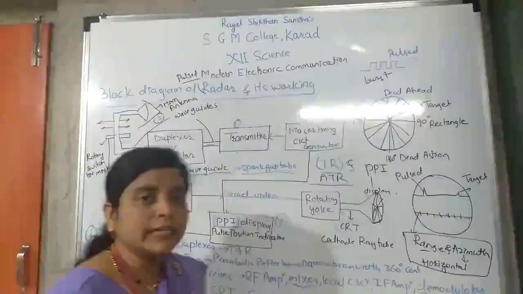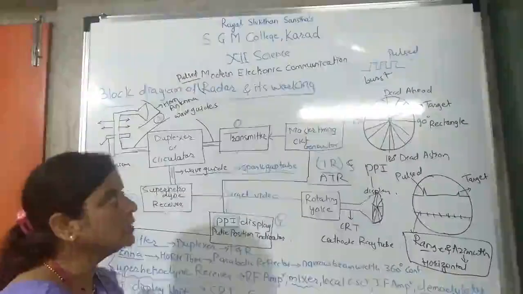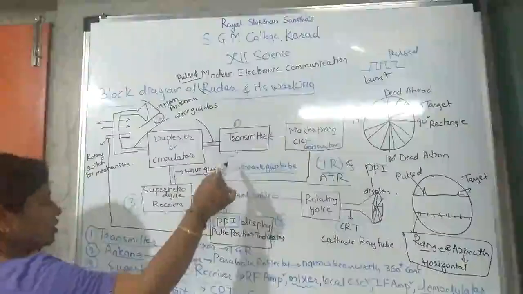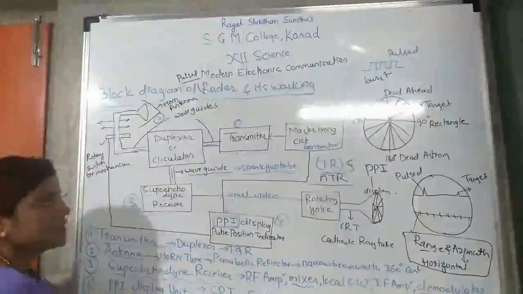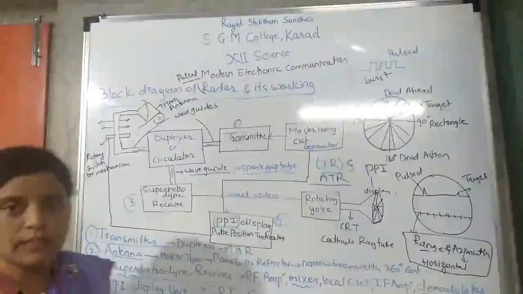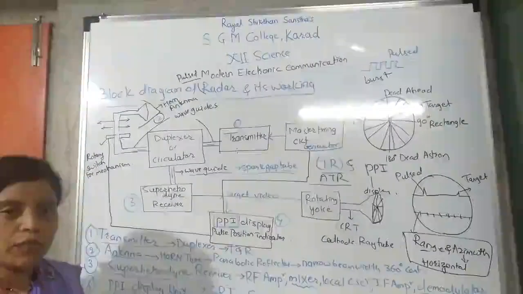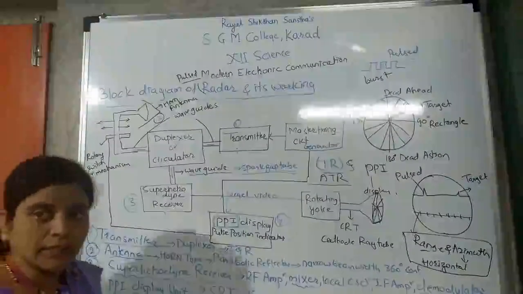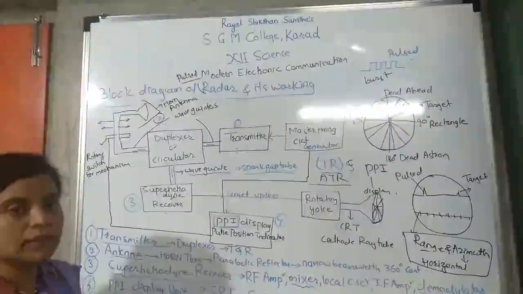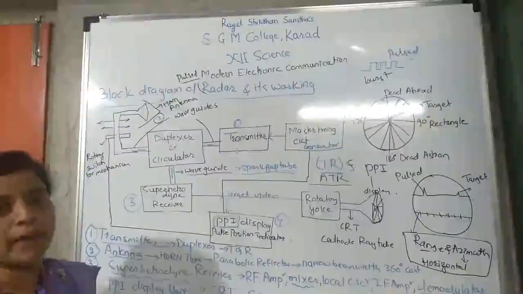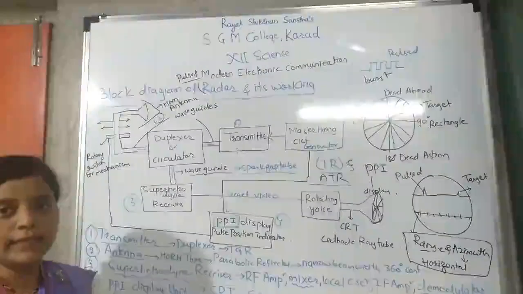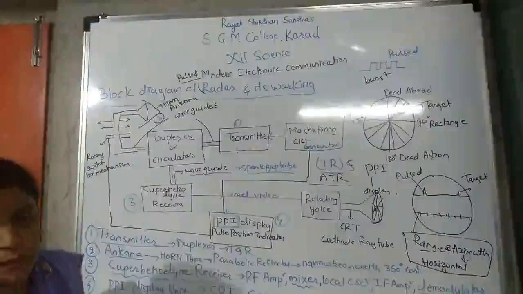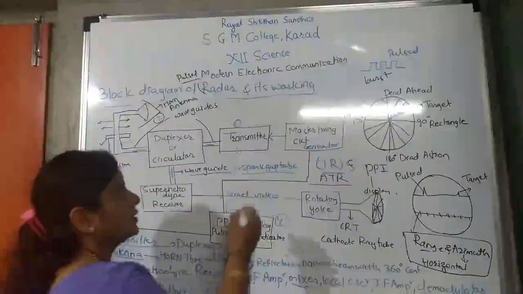The master timing generator generates the pulse to trigger the magnetron. Magnetron is used in the transmitter, which develops the basic pulses. It works in the microwave region, and the magnetron produces many megawatts.